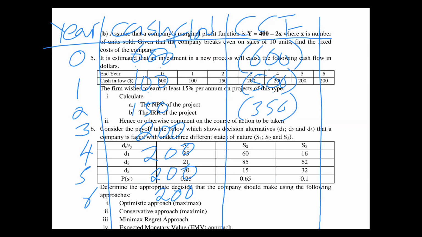Negative 350 plus 200 gives negative 150. Then negative 150 plus 200 gives 50. It is the positive number 50.